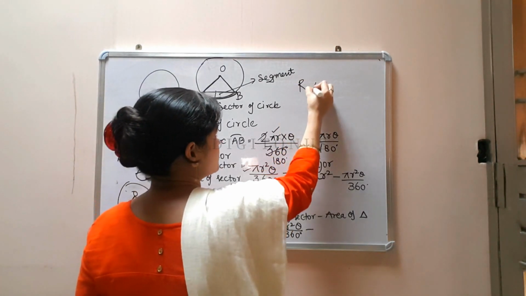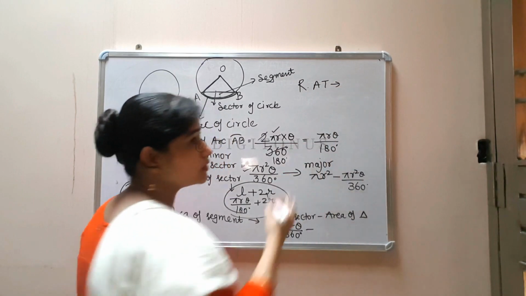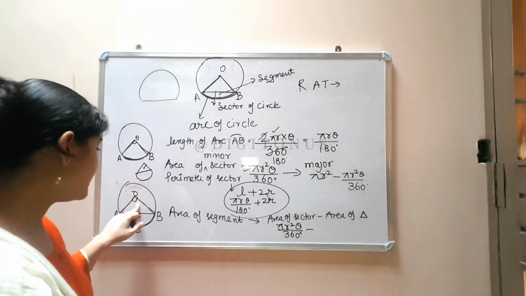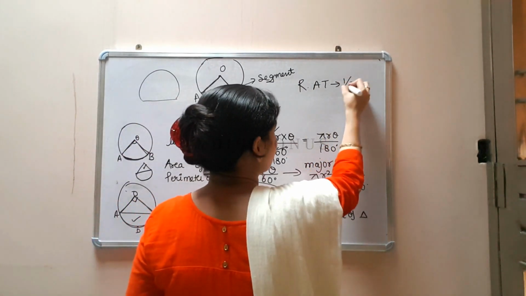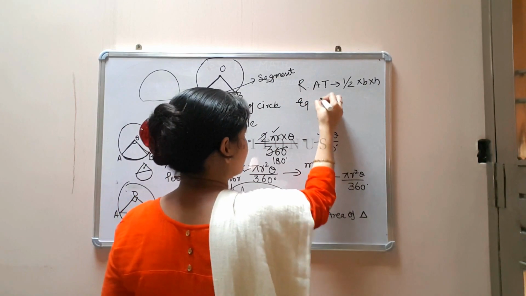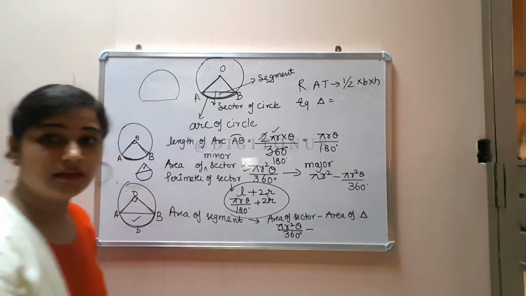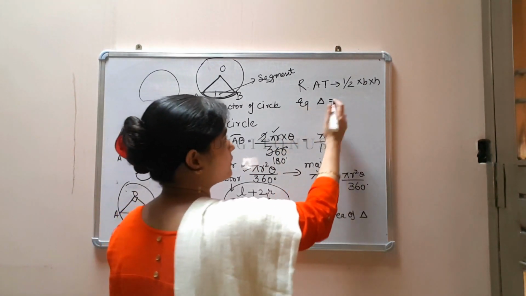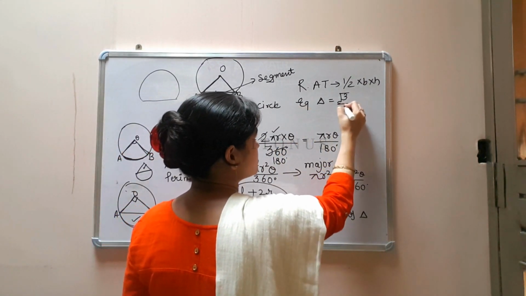वो ट्राइंगल कौन सा है वो आपको खुद देखना होगा. Okay, if this is a right triangle, then the formula will be half into base into height. If this is an equilateral triangle, then this information will be given in the question. Okay, if this is an equilateral triangle, then root 3 upon 4 side square.